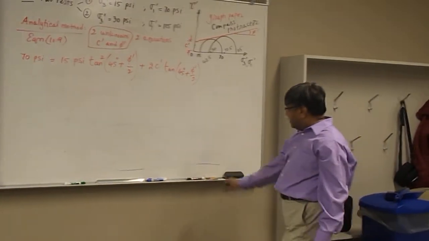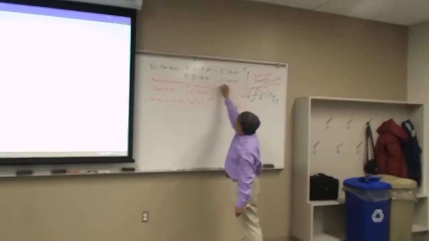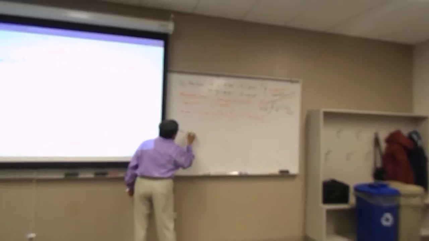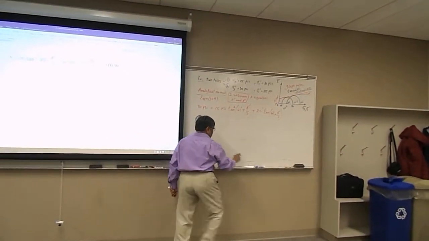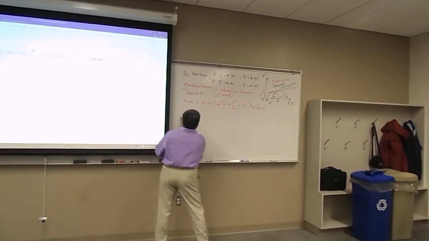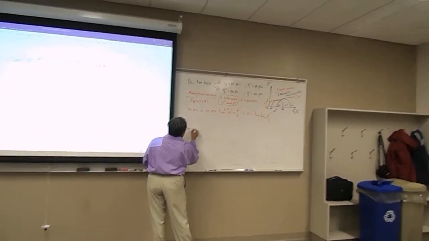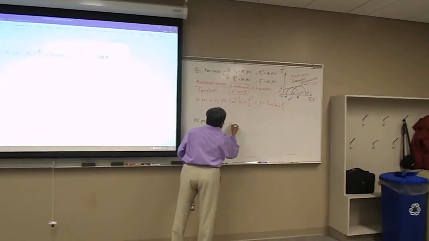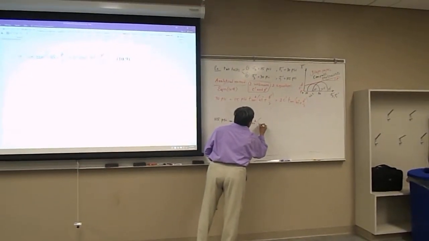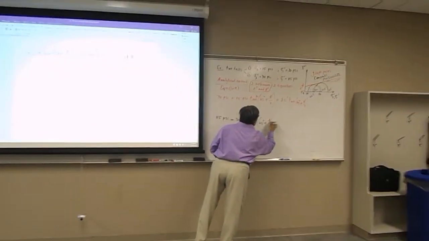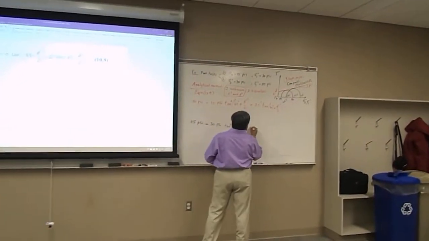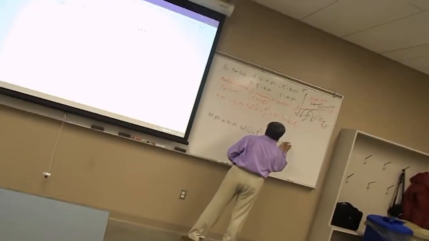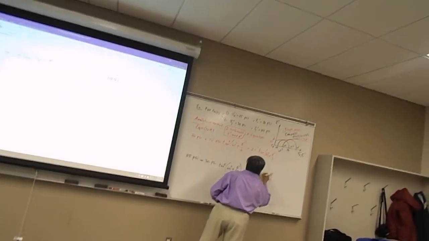And we can also say from this second set of data, 115 psi is 30 psi tan square 45 degree plus half phi prime plus 2c prime tan 45 degree plus half phi prime.